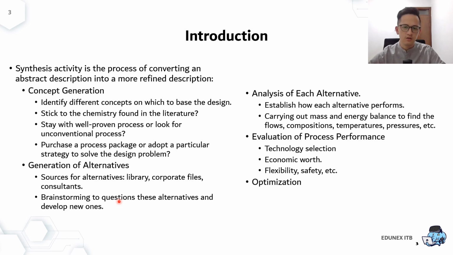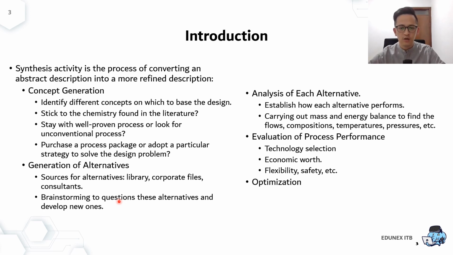And then the third step will be to analyze each alternative. You have to establish how each alternative performs, and then you carry out the mass and energy balance to find the flows, compositions, temperatures, pressures, and the pros and cons of each alternative.